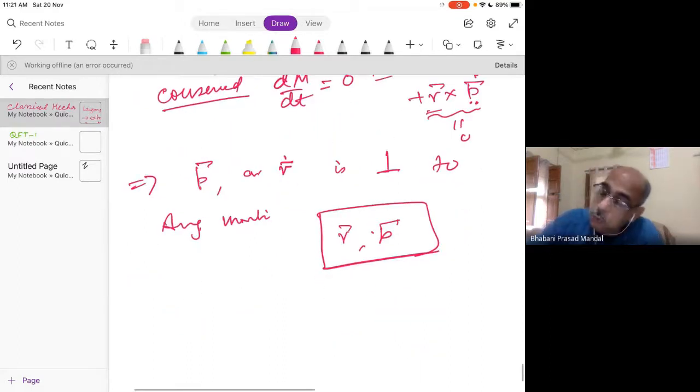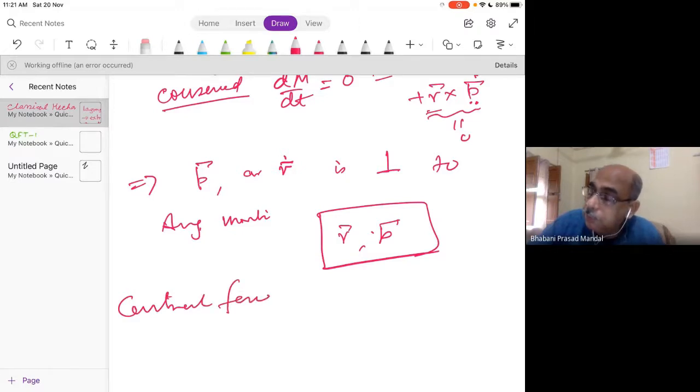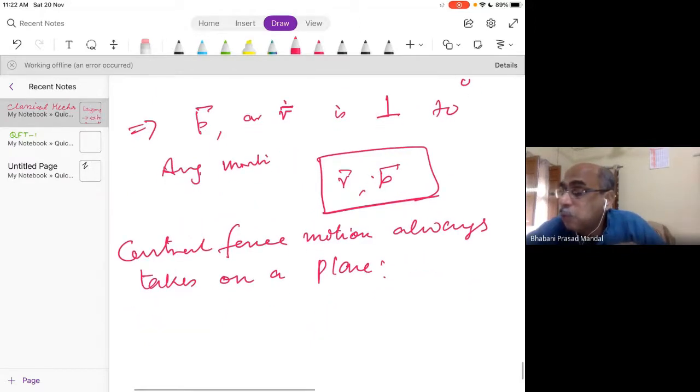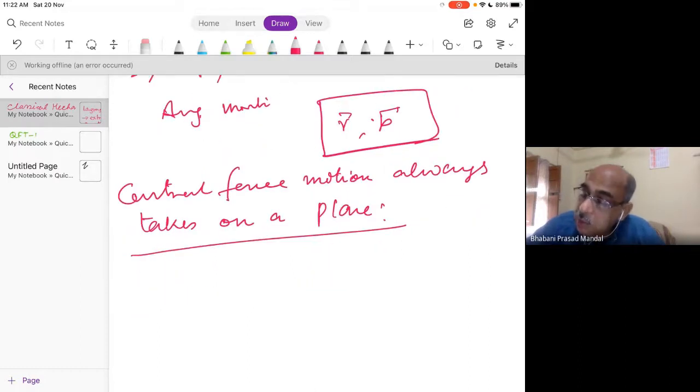So, central force motion, we conclude, always takes place on a plane. Whatever motion I have, if I have considered central force, because I have assumed the potential depends only on the magnitude of R2 minus R1, we can see from these simple arguments that the motion takes place in a plane.